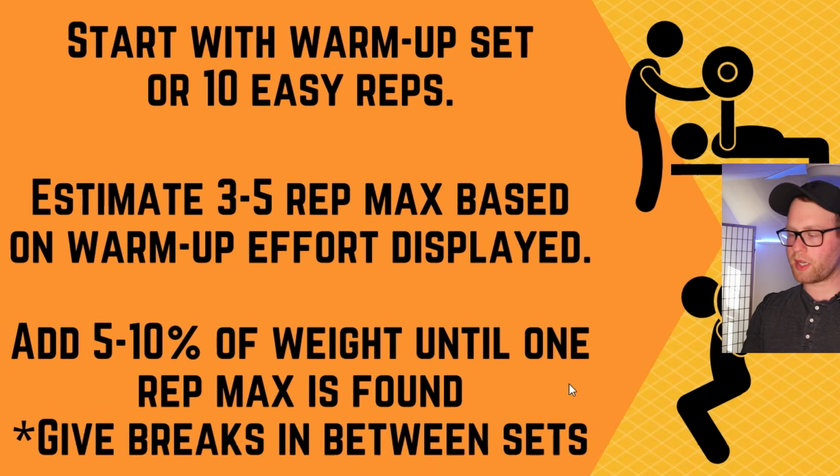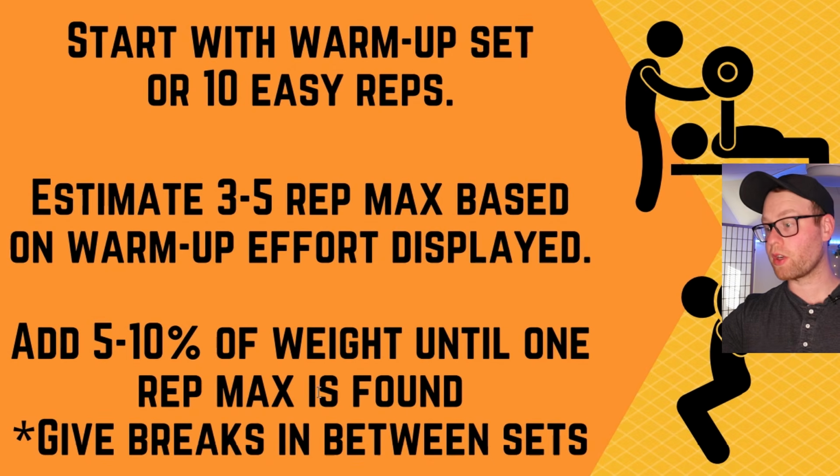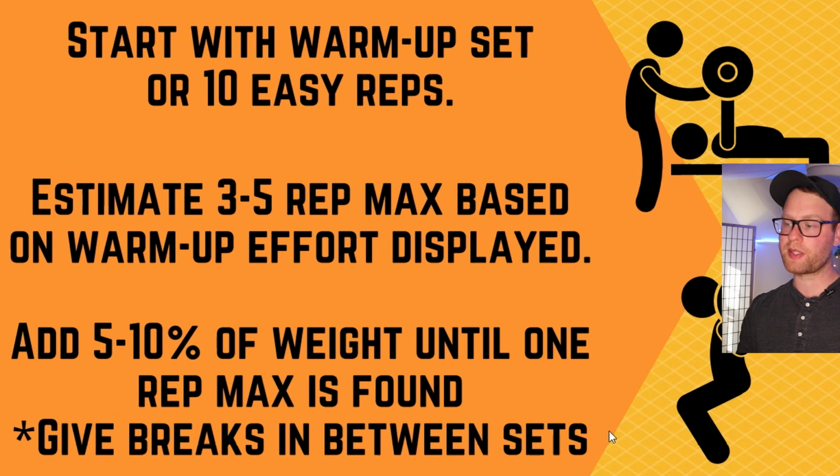And of course, this is going to take multiple sets, and you're going to want to give breaks in between those sets as well. That being said, you don't have that many sets to figure this out because obviously the client will fatigue, and then you can't really figure out 1 rep max from there. And again, this is a little bit of an oversimplification. If you were going to do this with an actual client, I would definitely recommend going back and reading about it in the book, but this should get you by for the test.